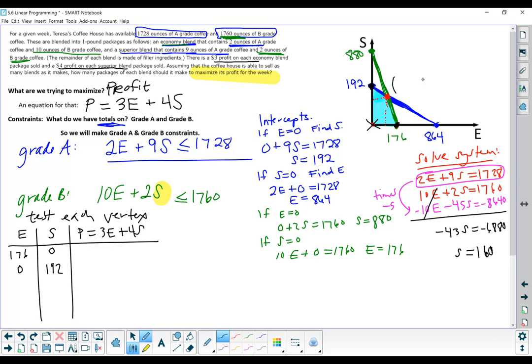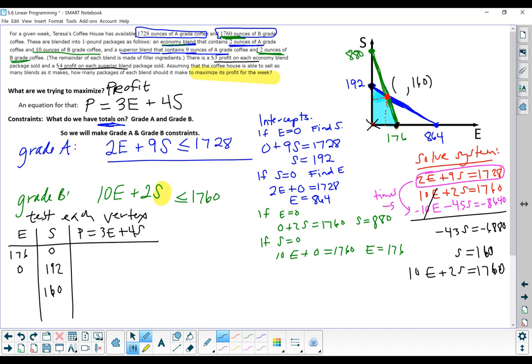We need to figure out the e coordinate there. And we will do that by just going back to one of our other equations. So I'm going to use the second one, 10e plus 2s equals 1760.